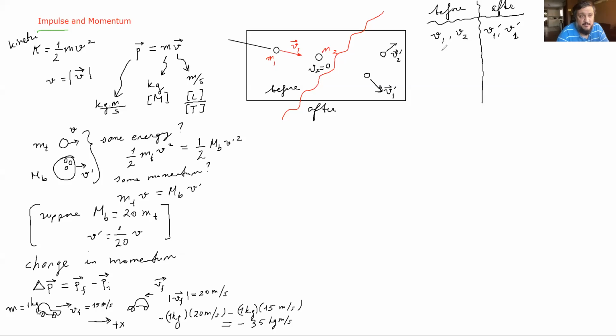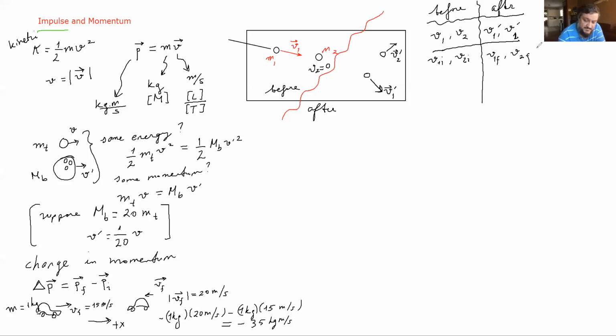That's one way of doing it. Or use the letters I and F. So V1I, V2I, and then V1F and V2F.